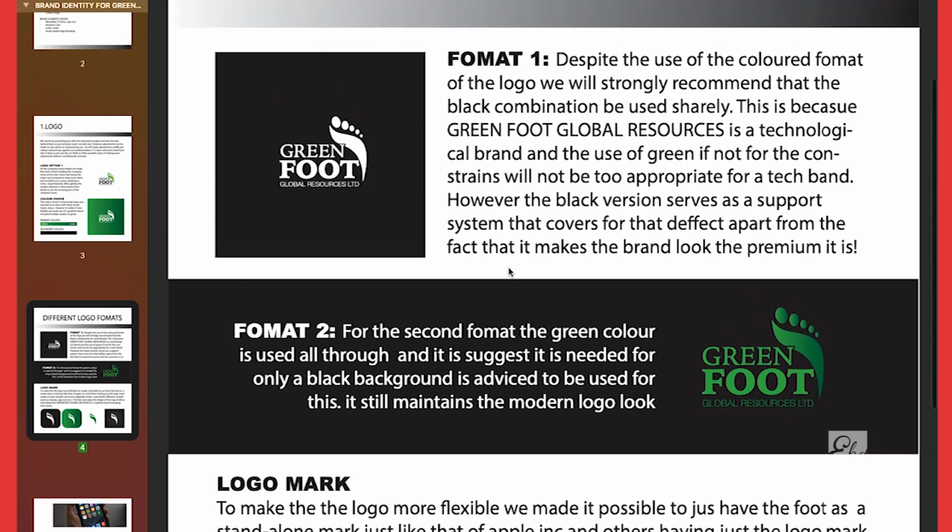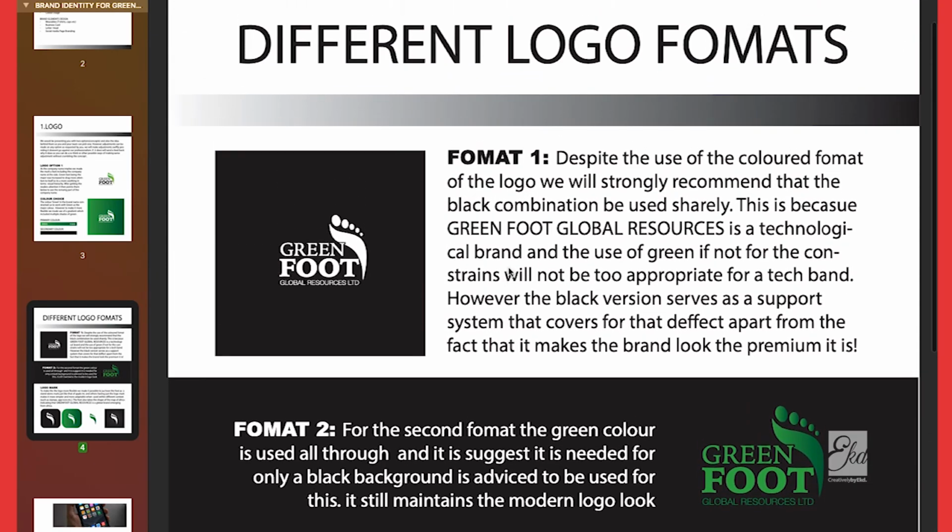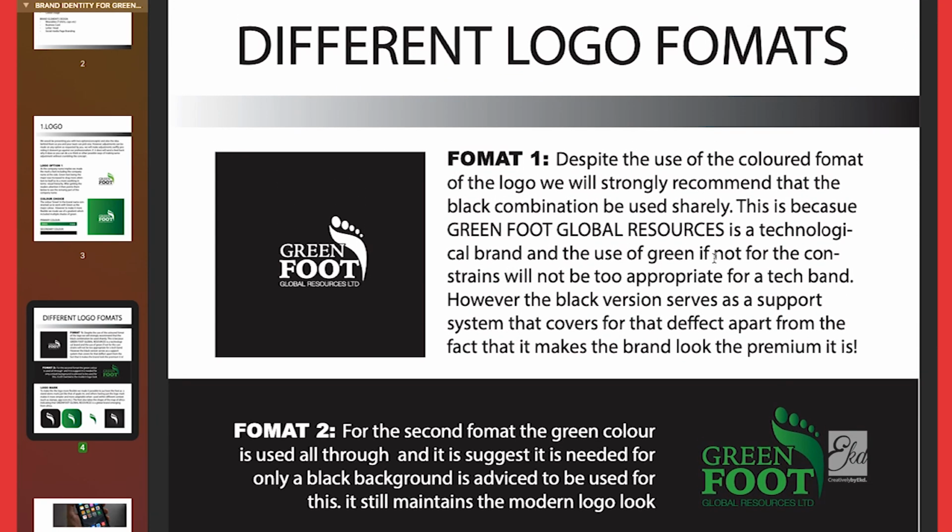All right, to the next slide. Okay, so different logo formats. So we have the format 1. You can just call this the logo usage. Despite the use of the colored format of the logo, we strongly recommend that the black combination be used evenly, should be used equally. And why I said that is because the company is a tech company.